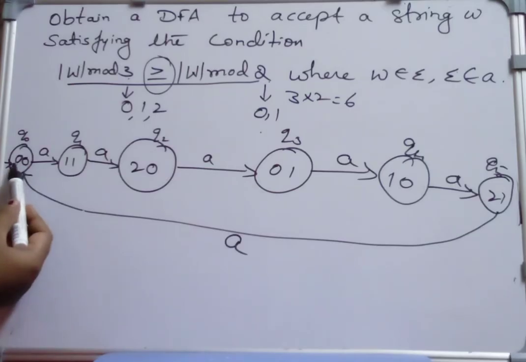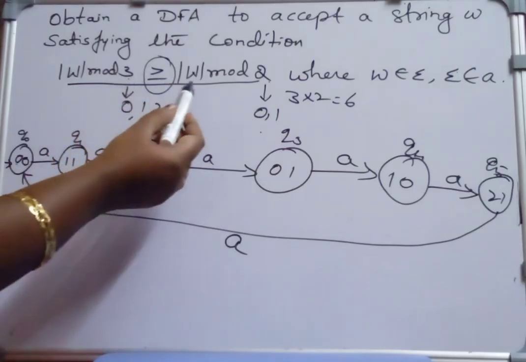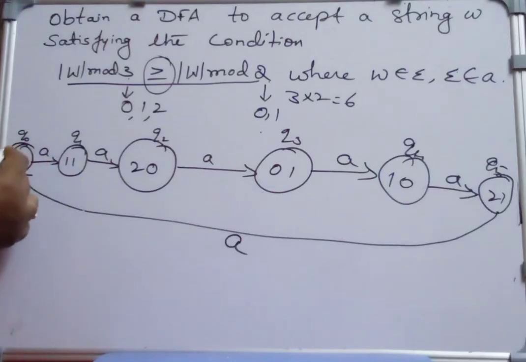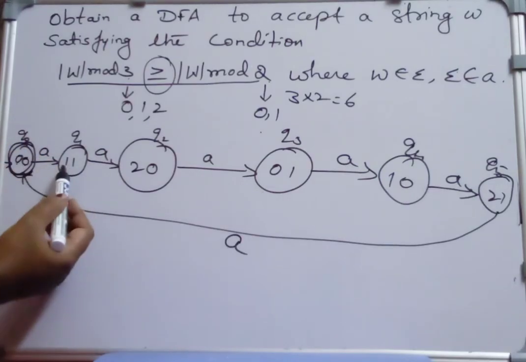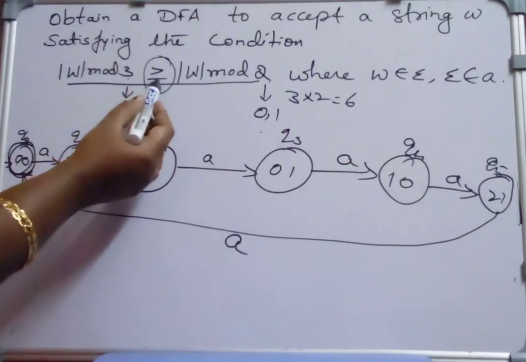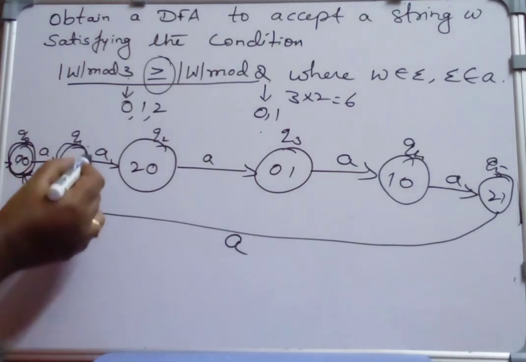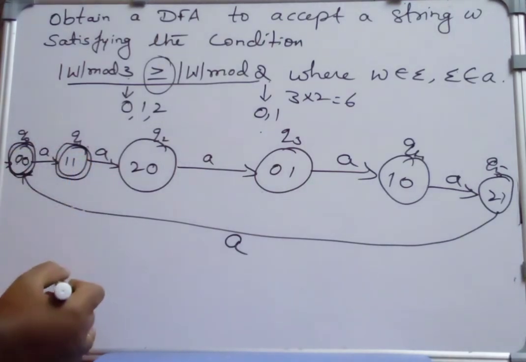Here both remainders, mod 3 remainder and mod 2 remainder, are 0, 0. So here W mod 3 should be greater than or equal to mod 2. So this will be our final state. And similarly here also it is 1, 1. So 1, 1 means both are equal. W mod 3 is equal to W mod 2, the remainders. So this state also will be a final state.